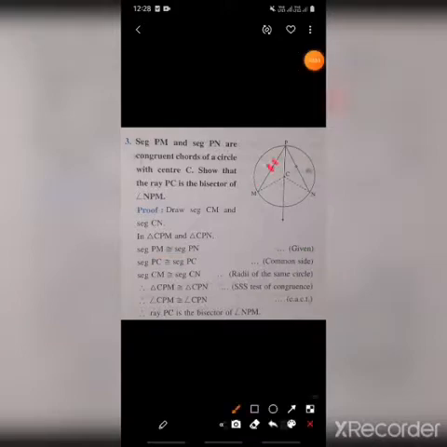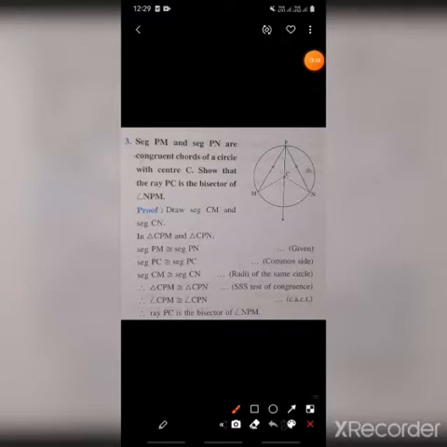Because the lines are shown here, mentioning that segments PN and PM are congruent. Then segment PC and PC are congruent because it is a common side. These are two triangles and this one is the common side. CM and CN segments are congruent because they are radii of the same circle. So this one is also congruent.